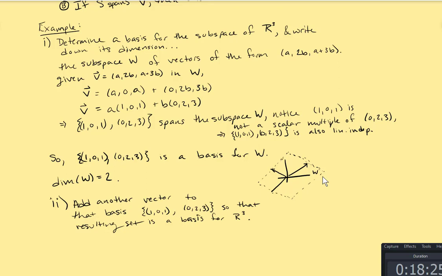So how can we do this? We're just saying what other vector can we add in here so that the resulting set is a basis for all of R3?